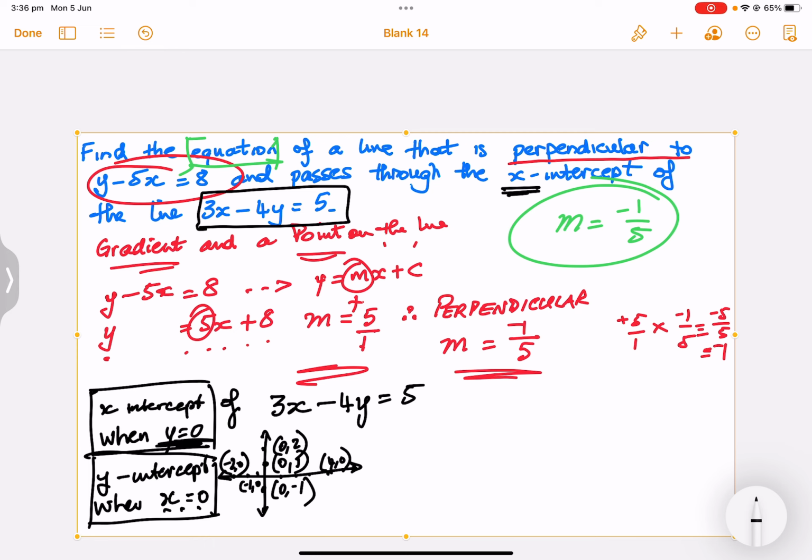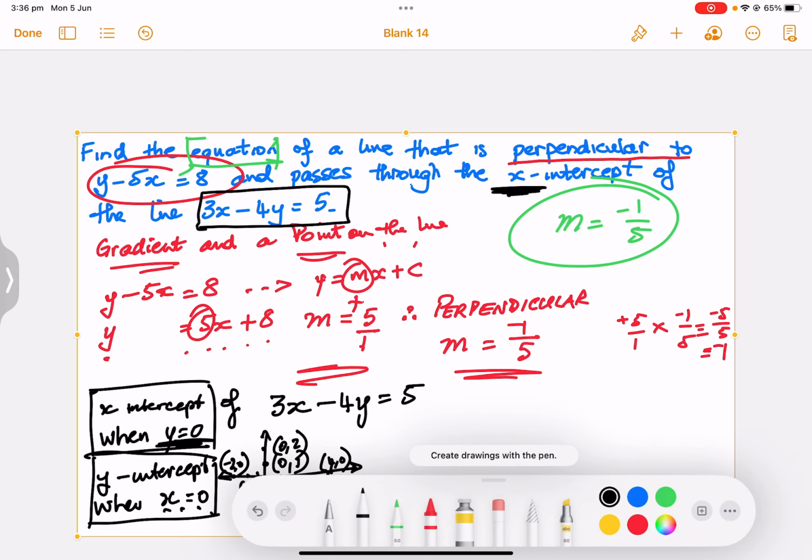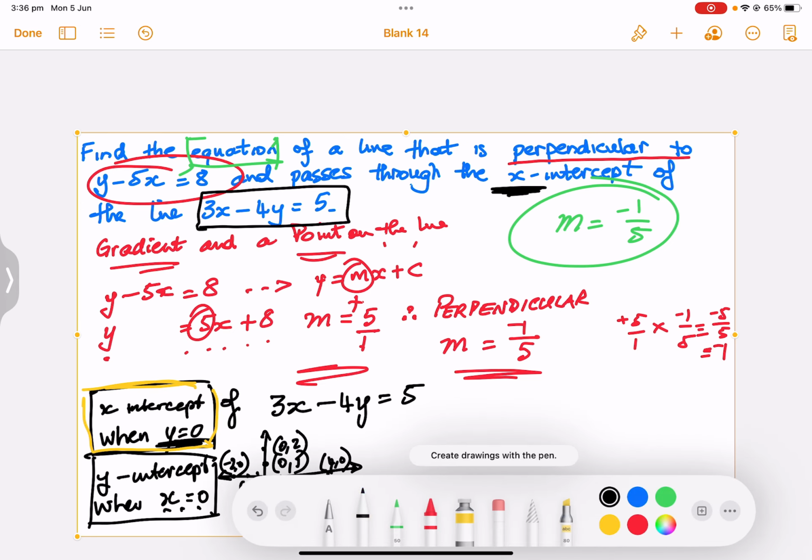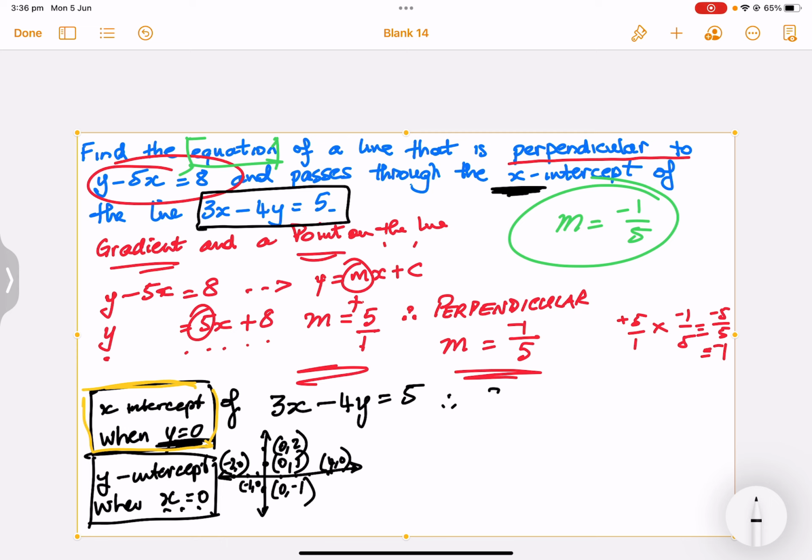So if it crosses the x-intercept on that line, we want the y to be 0, right? So we're talking this one here. We want the y value to equal 0. So let's do that. Therefore, 3x minus 4 times 0 was 5. So if y is 0, you substitute the y value for 0.